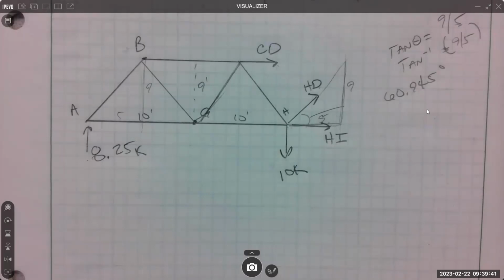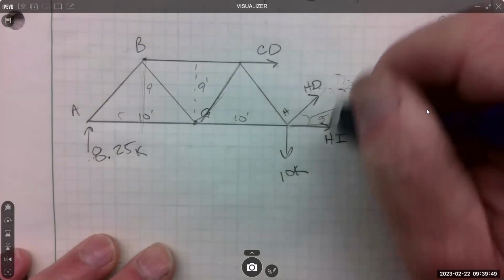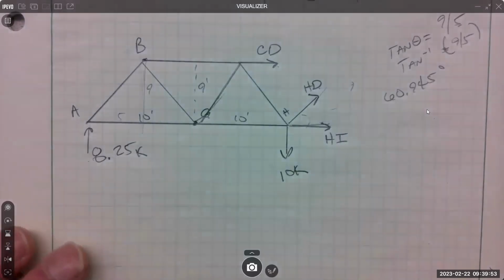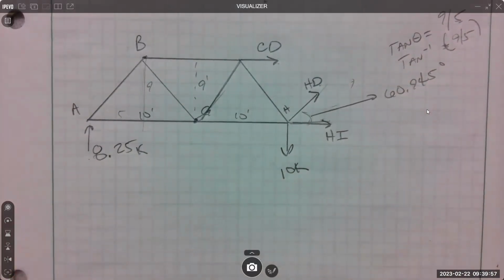Non-concurrent force system. Actually, we've done a bunch of these. It looks a little different because it's like a truss thing. So the way to do these is just like we did method of joints: you want to think about the direction that has the least variables.